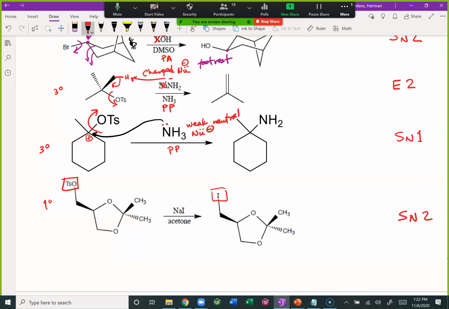So your sodium iodide is actually a charged nucleophile. Check that out. And the moment you see sodium there, erase that thing from the face of the earth, because it's doing absolutely nothing and not helping you. So this is a charged nucleophile.